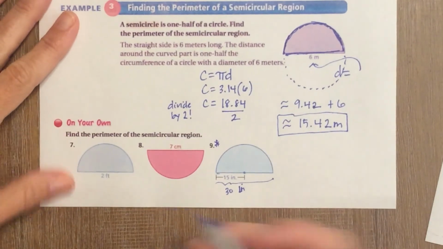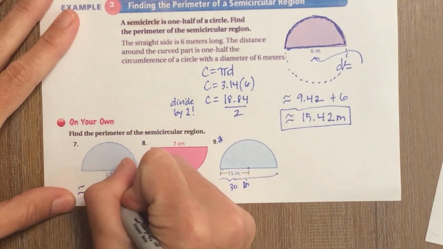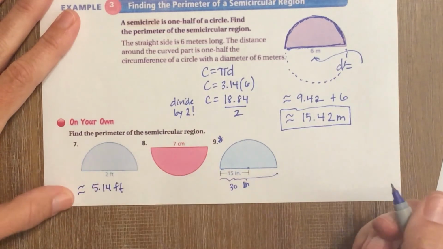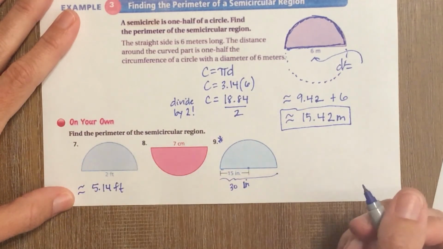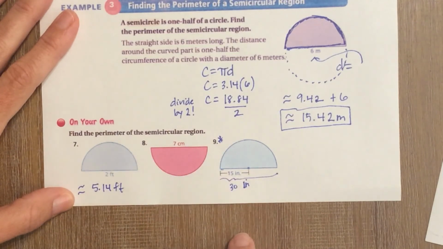All right, hopefully you paused it. Question 7 is approximately 5.14 feet. Okay, question 8. This is one of those multiples of 7, so using 22 over 7 is an easy way to do it.